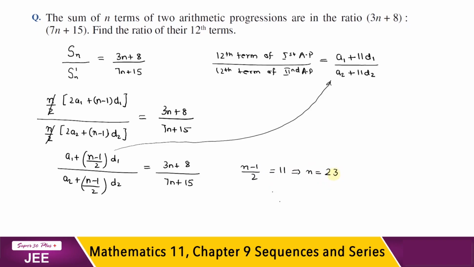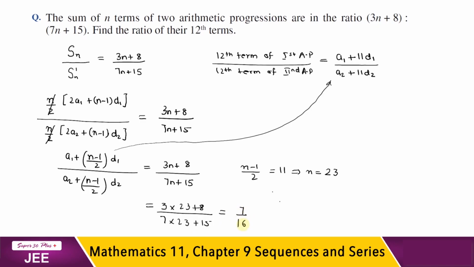So as soon as I put the value of n as 23, this becomes the ratio which is required. So we have to substitute the value of n equals to 23 over here also in order to get the answer. If I substitute n equals to 23, this becomes 3 multiplied by 23 plus 8 divided by 7 multiplied by 23 plus 15. Alright, and upon calculation you can end up getting the answer as 7:16.